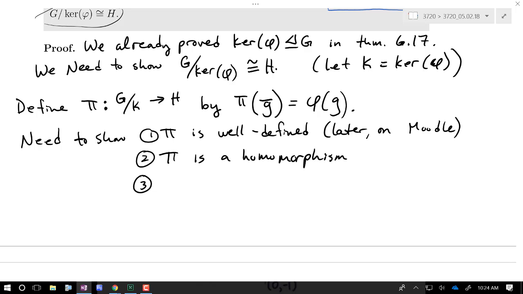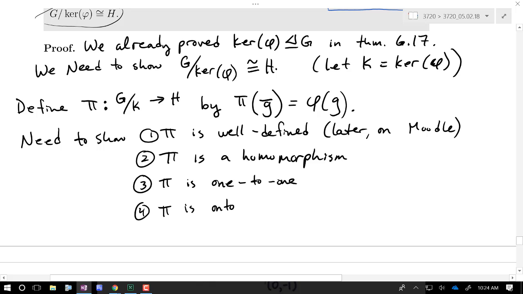For an isomorphism, if it's a homomorphism, it has to be one-to-one and onto. So we're going to show that pi is one-to-one, and then we'll show that pi is onto.